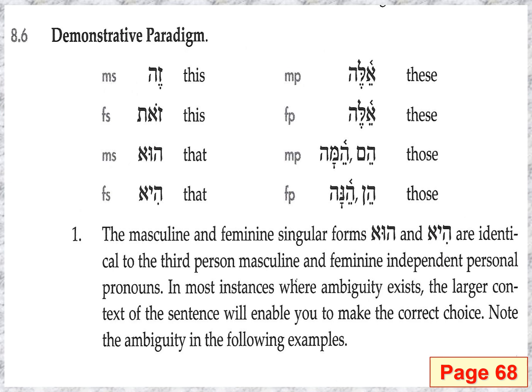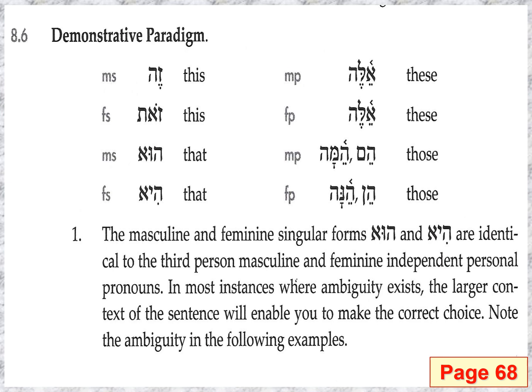Now, if we were to do a far demonstrative, so not this one, but that one over there, it's a little bit further away, so it's not near, but far. We have hu as the masculine singular. Now that looks very similar to the third masculine singular pronoun, hu, he.